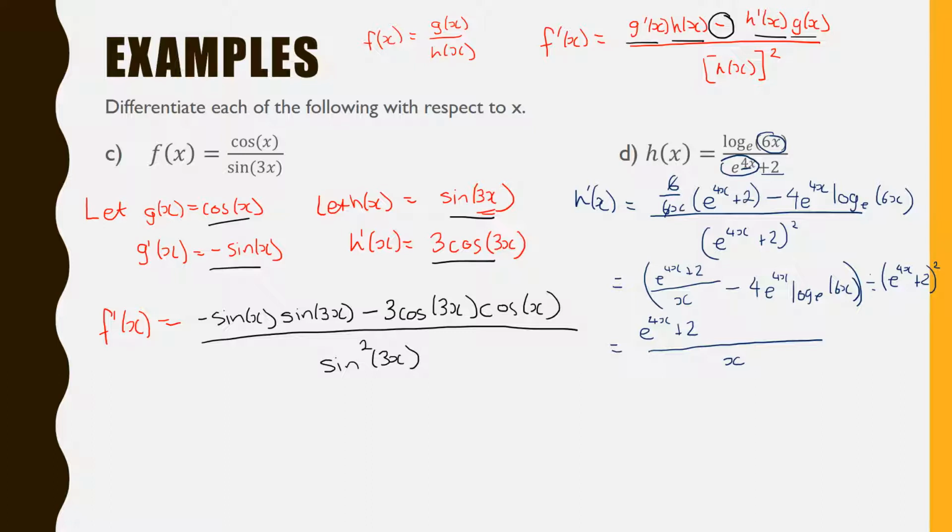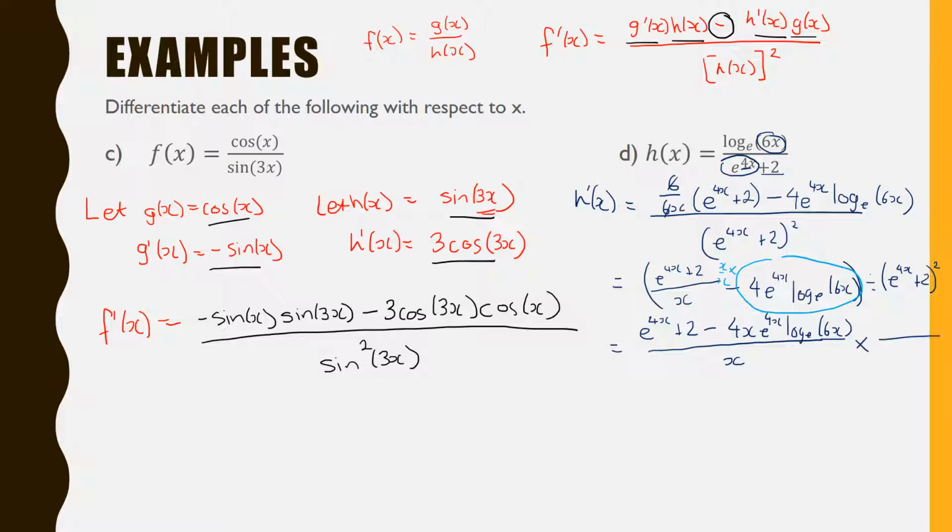For the second part, for us to have a denominator of x, we need to multiply this whole term by x over x. The x will give us the denominator. So what we will get is minus 4x e to the 4x log e of 6x, and we actually can't simplify that term any more than that.